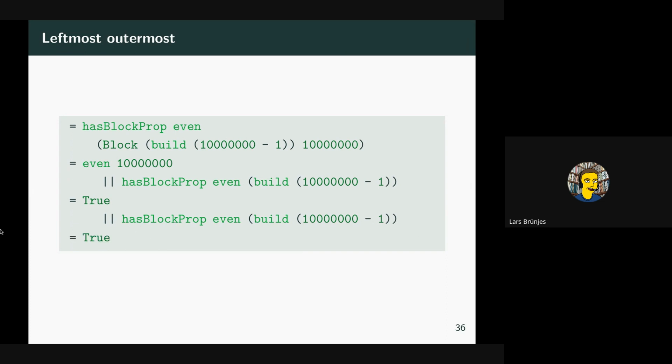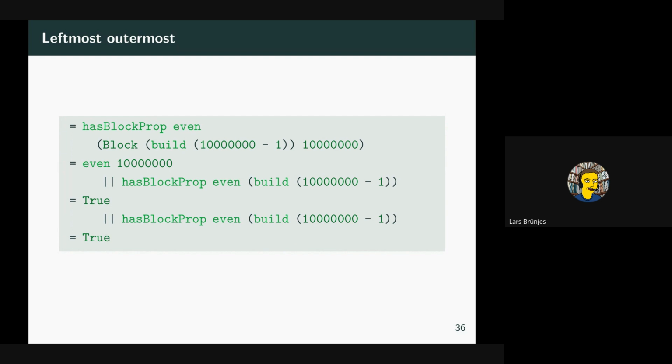So without needing to know what this expression here actually is, we know the result is true. So the point is we don't have to evaluate this further. I mean, now for 9,999,999, then for 9,999,998, and so on. We don't have to care what this is. We don't care whether it's true or false, because we already know this is true, so true or anything is true.